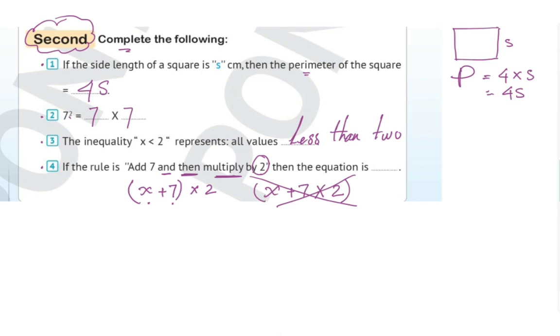Okay, now I have the mathematical expression (x plus 7) by 2. Note with me, by 2 I can write it first.